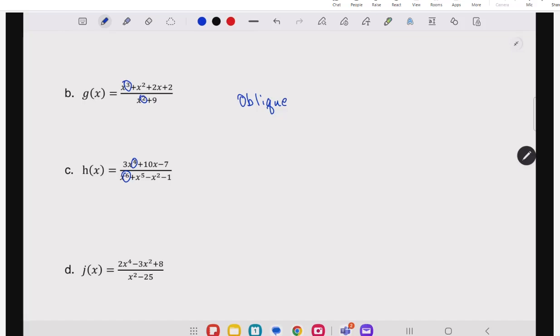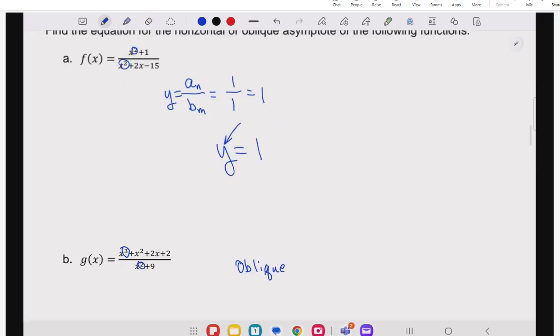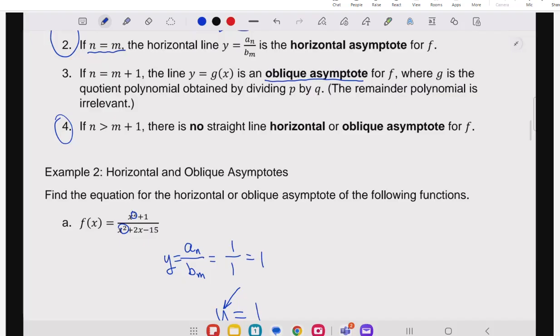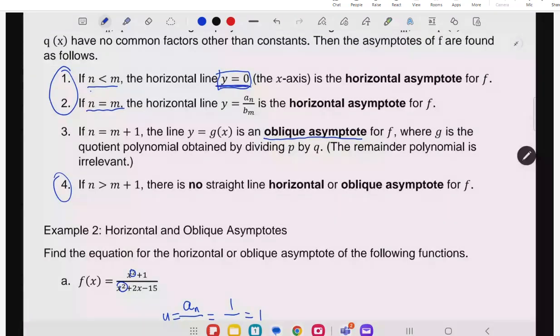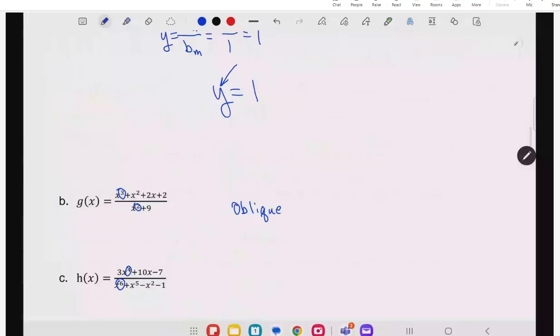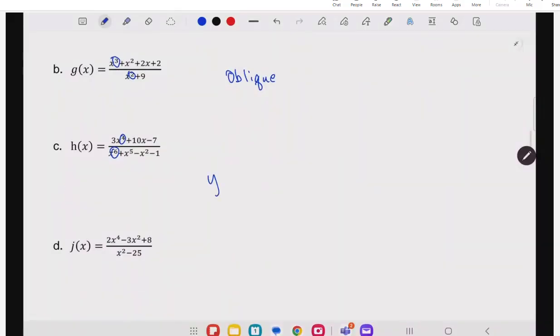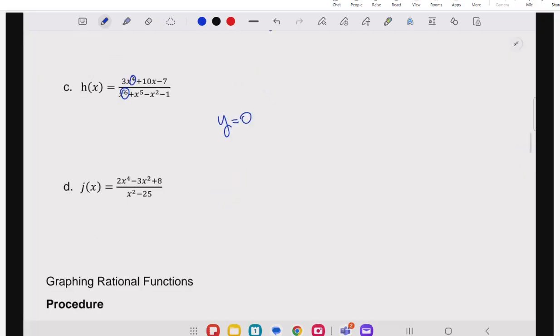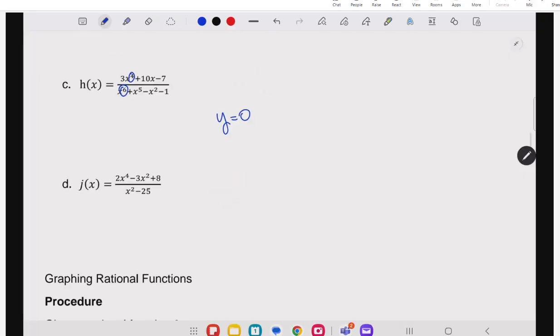So that is the first rule. Let's go back to our rules. N is less than m. So the horizontal asymptote would be y equals 0. It doesn't matter how much smaller, it just matters that it's smaller. Okay, and then the last one, the degree of the top is 2 more than the degree of the bottom, so there are none.